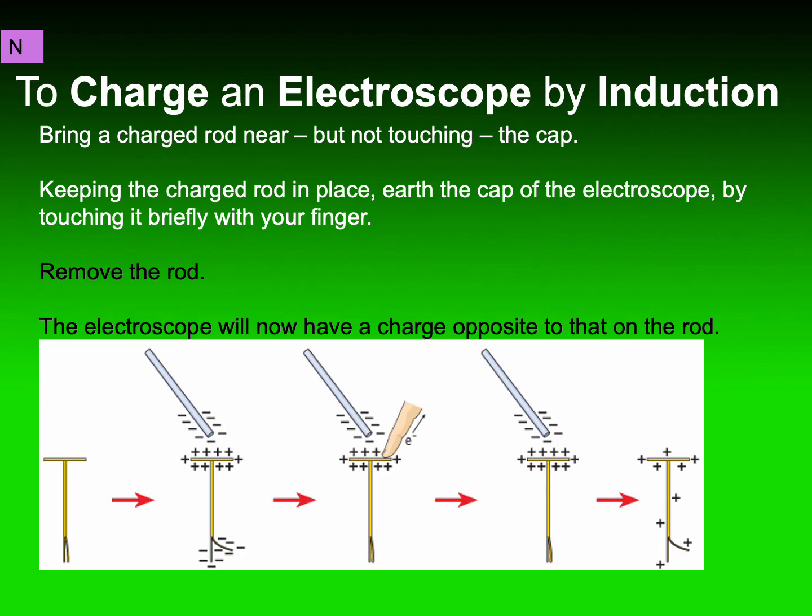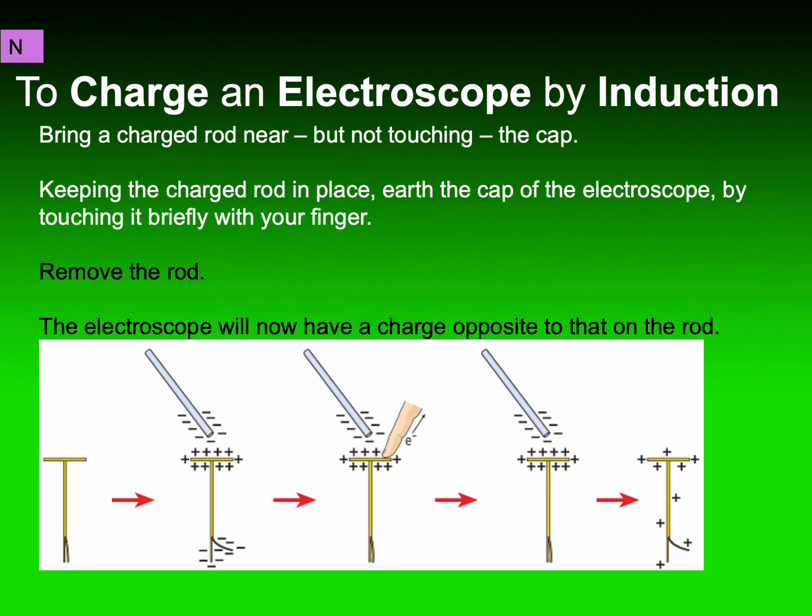Okay. So this concept here, same concept as the spheres a while ago. Bringing the negative charge towards it, grounding it, then the electrons are flowing through you back to ground. We're left with just the positives. Remove that grounding connection, remove your rod, and you're left with just your positives again.